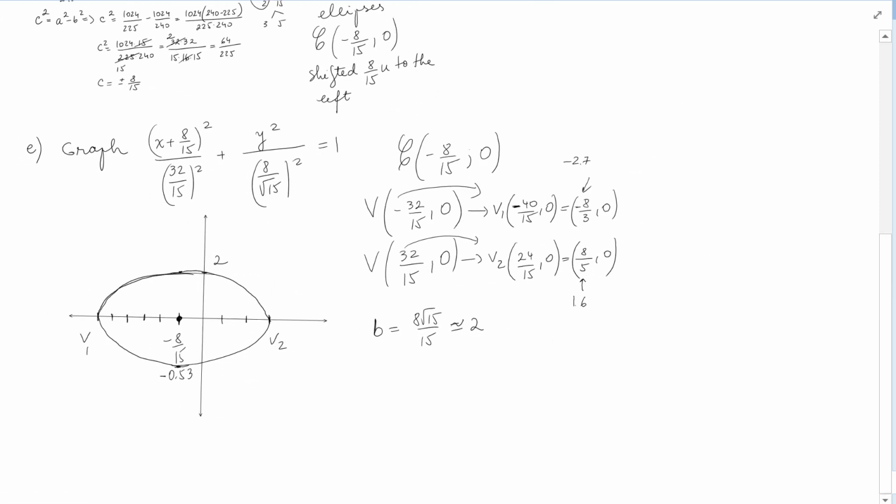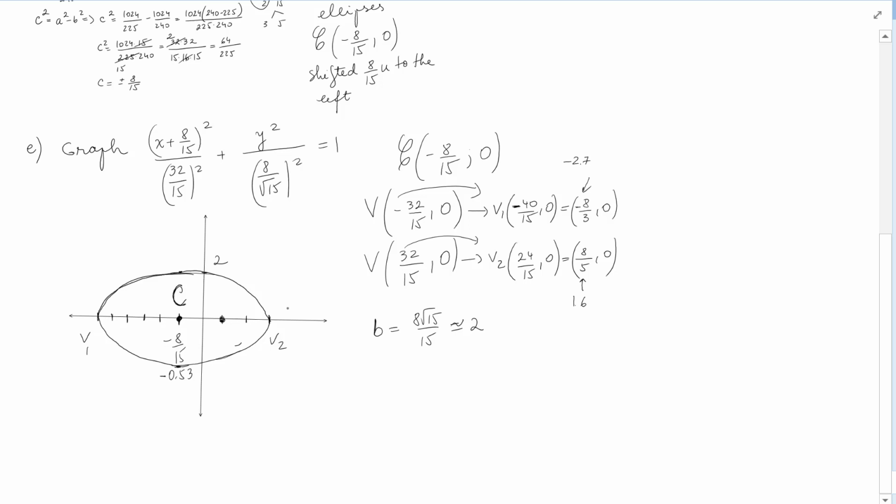And we can also locate the foci, F1 and F2. 8 over 15 is 0.53, so it would be here. Sorry, not there, that was the center.